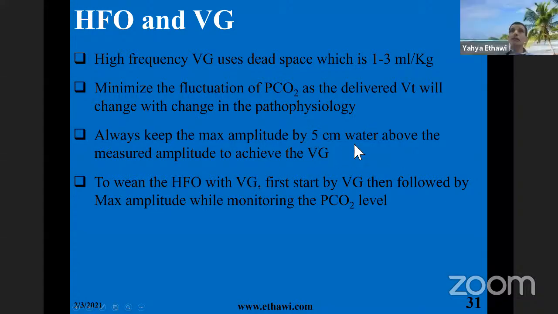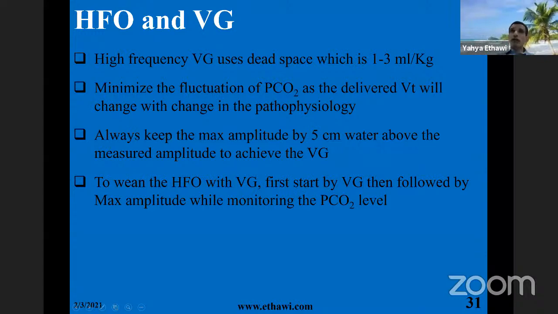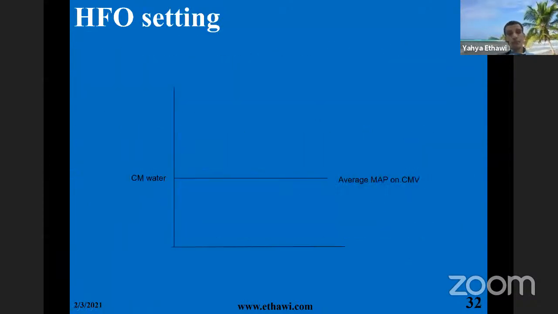So the max amplitude should follow the measured amplitude by 5 centimeters to achieve the target volume. Almost always achieve your delta wave by decreasing your map as well as your amplitude.